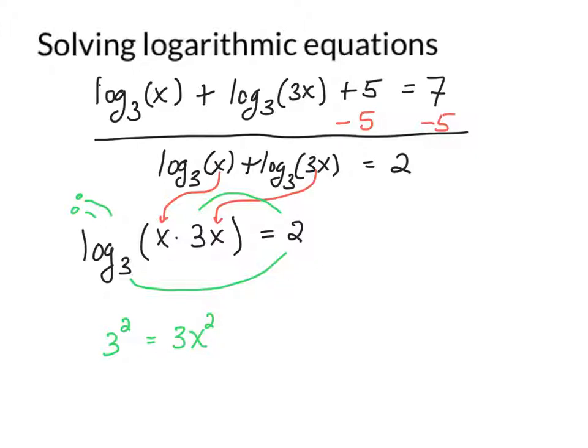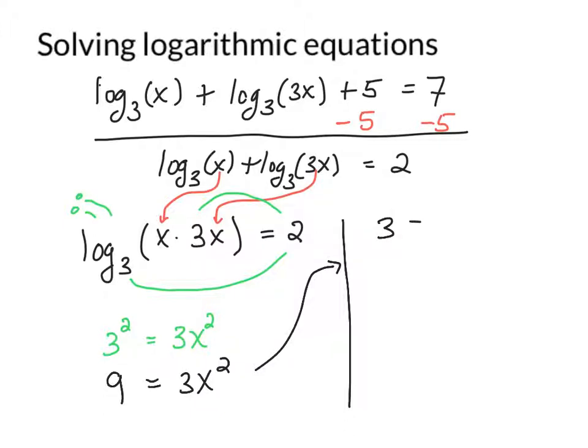And so this looks like 3 squared is 9, and that's going to be equal to 3 times x squared. All right, so for some more space, I'm going to take this over here. I'm going to divide both sides of this equation by 3, and on the left, 9 divided by 3 is 3, and on the right-hand side, I just get x squared.